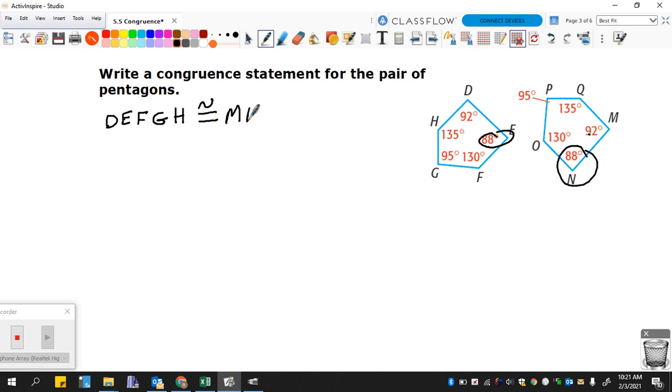M and O, 130 and 130, so it's O. Then 95 is G, 95 is P, and H is 135 and Q is 135. So pentagon DEFGH is congruent to pentagon MNOPQ.